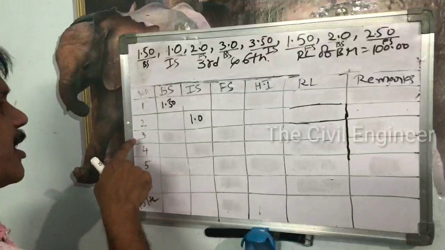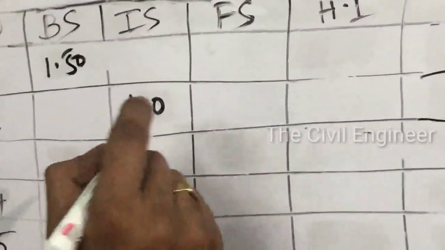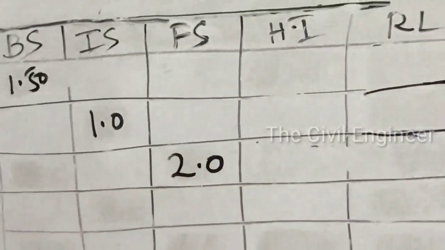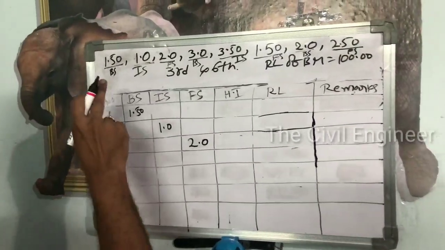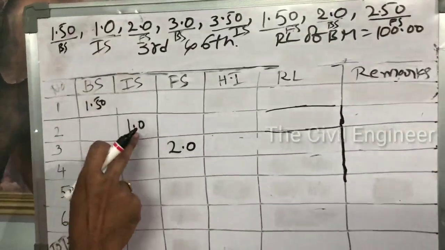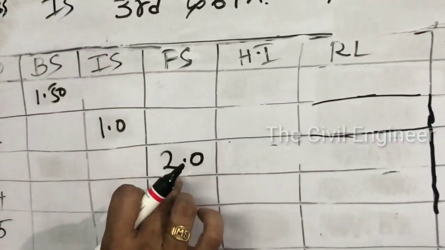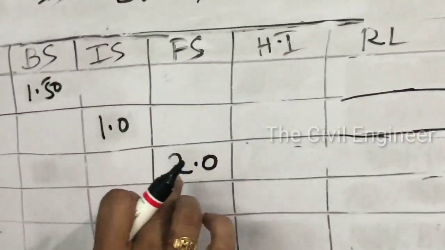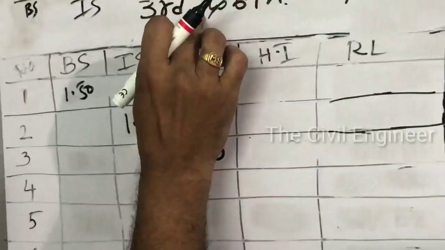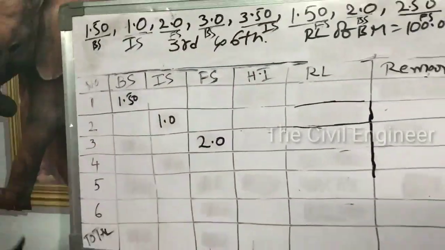The third one is foresight, that is called 2.0. So back side, intermediate side and foresight. Whenever you write the foresight, immediately you have to remember that the back side is taken on the same row.